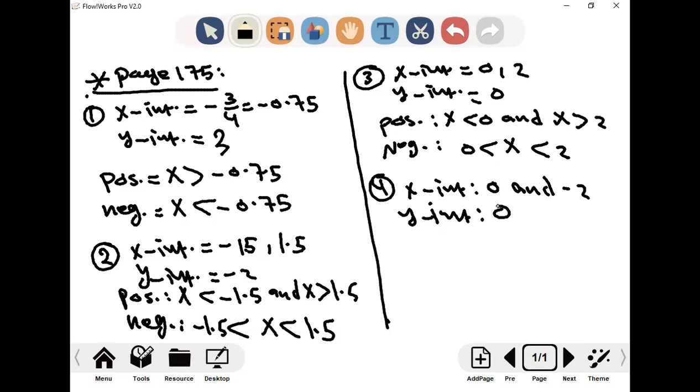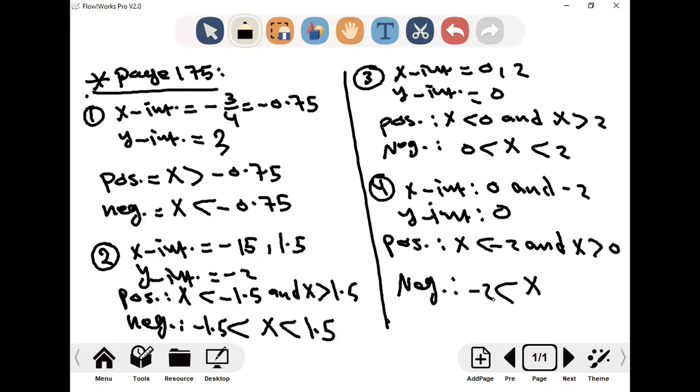Positive when x less than negative 2 and x more than 0. Negative when x is between them, x more than negative 2 and less than 0. Done? Yes.